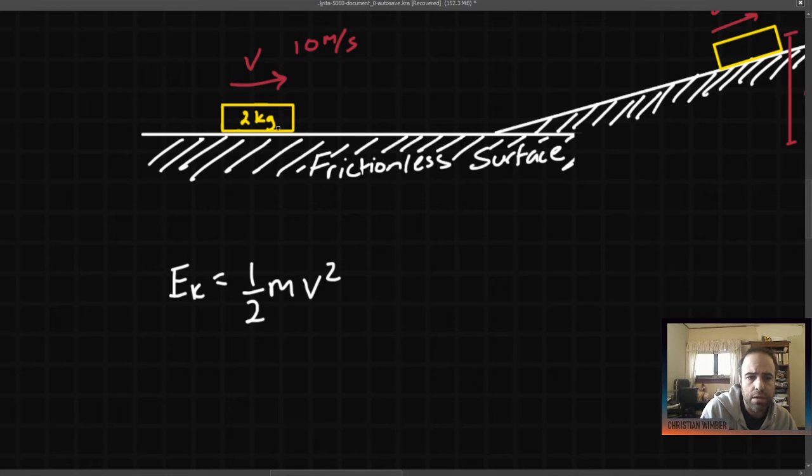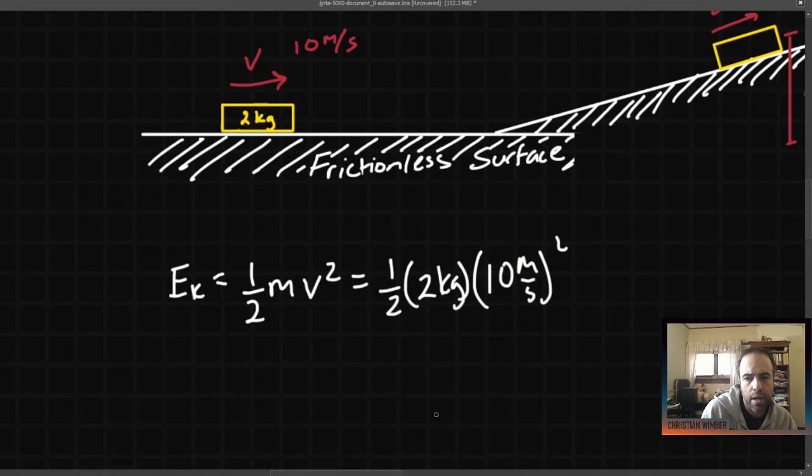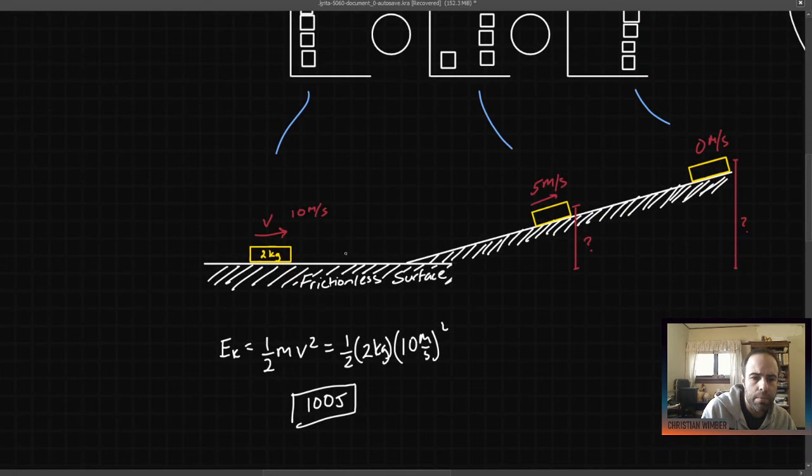So in this case, 1/2 times 2 kilograms times its velocity, 10 meters per second, squared. This ultimately gets us 100 joules of energy. So initially, our puck has 100 joules of energy.